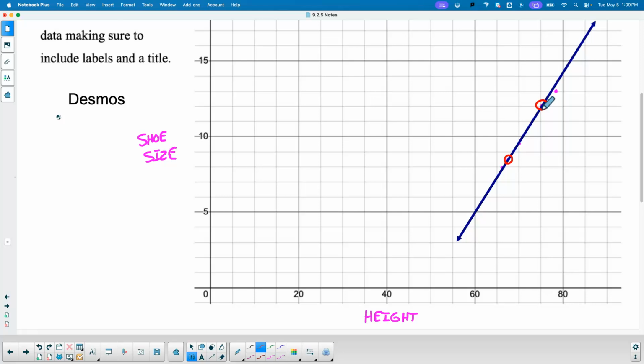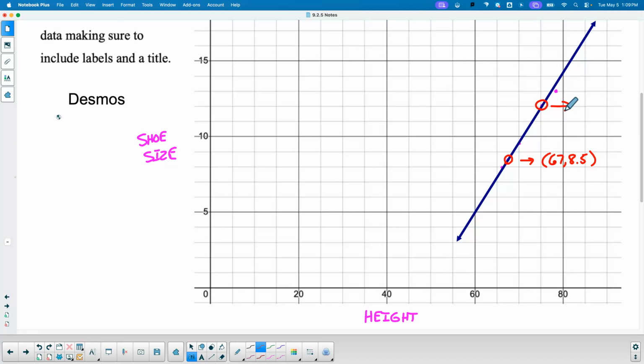So this first one was in the 67 range. Did we have a 67 for a height? 67, 8.5? Yep, that one. Okay. This one was something 12. Which one had a shoe size of 12?